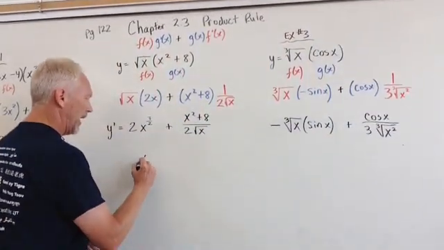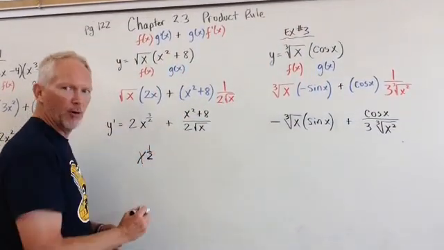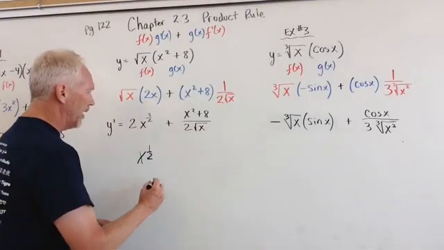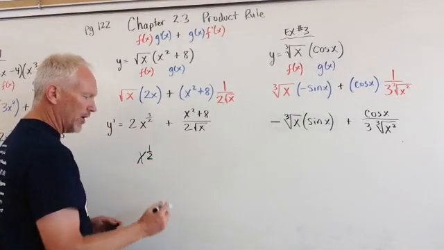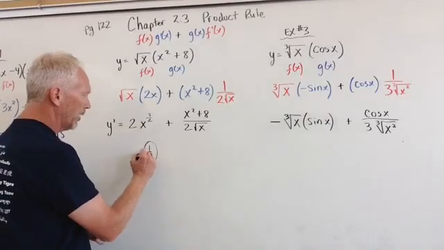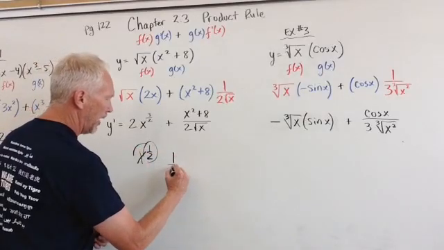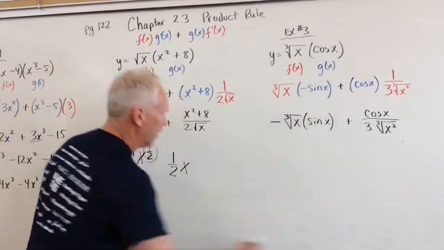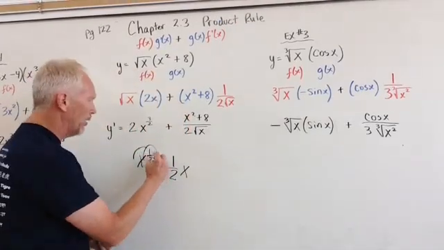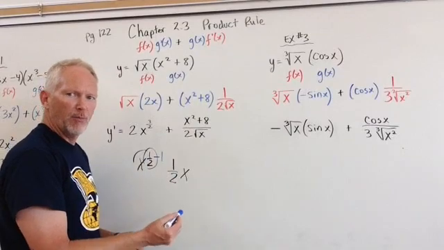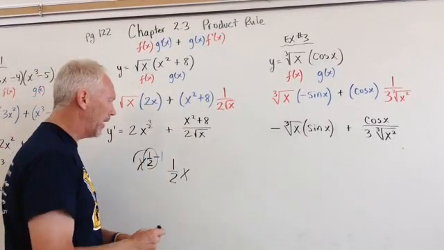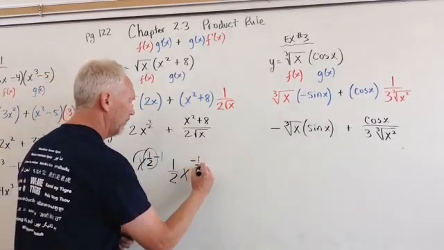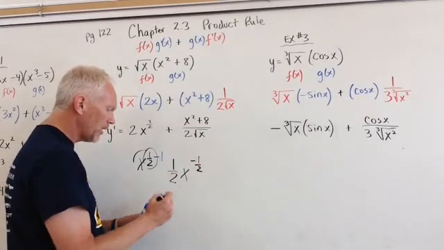If we have x to the 1/2 power, remember your power rules, when we take that derivative, we'll bring this down, so it'll be 1/2, and then x. Then you recall that we need to subtract 1. So 1/2 minus 1 is negative 1/2, so x to the negative 1/2 power.